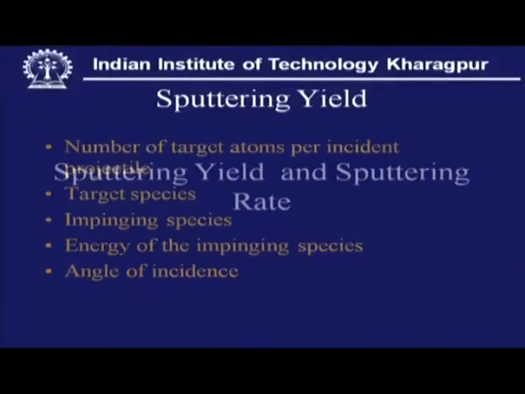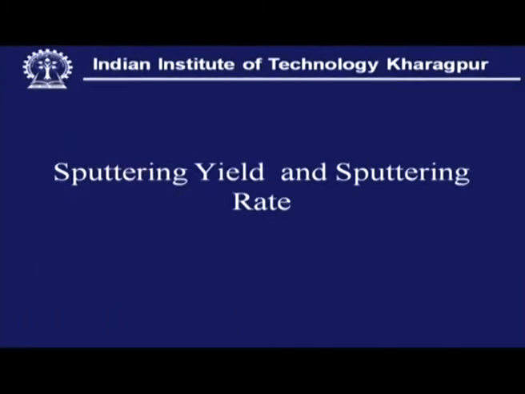Now, we go for sputtering yield and sputtering rate. So, sputtering yield, we understand, is how many atoms are being ejected per strike of one ion, per unit strike.